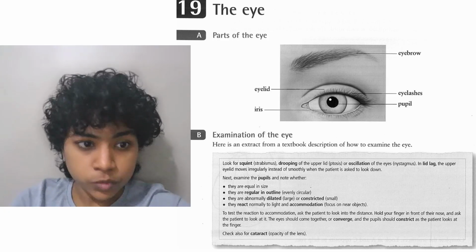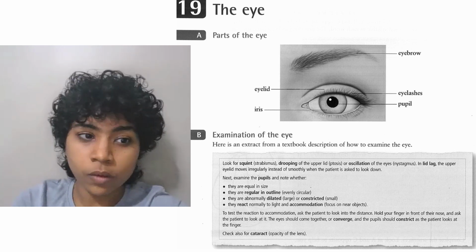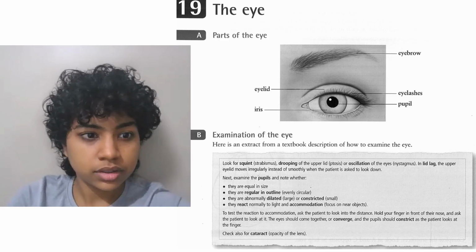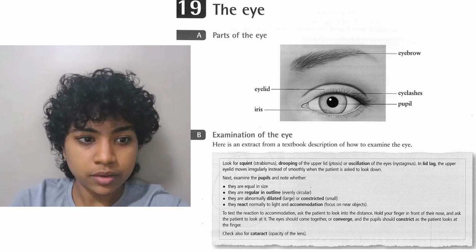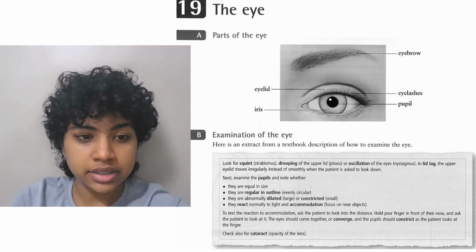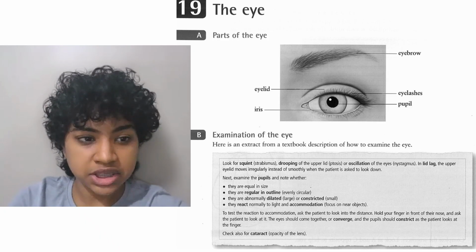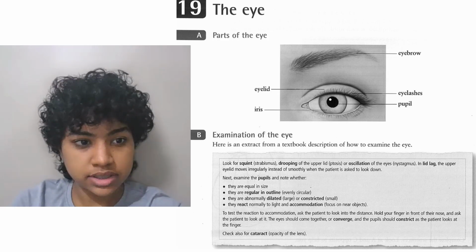They are abnormally dilated, large, or constricted, small. They react normally to light and accommodation, focus on near objects.